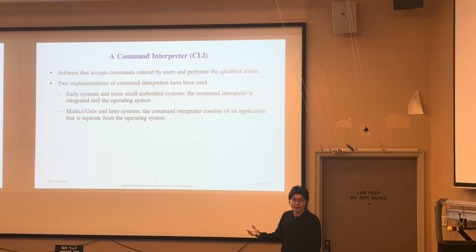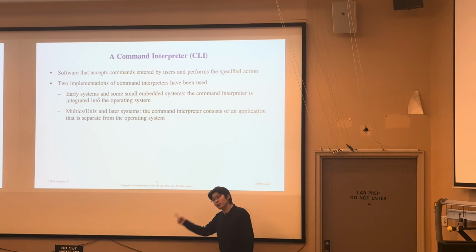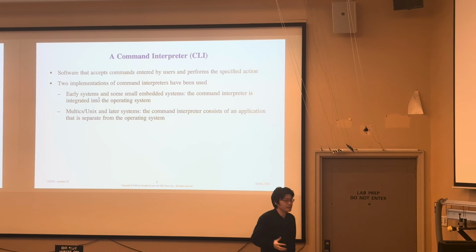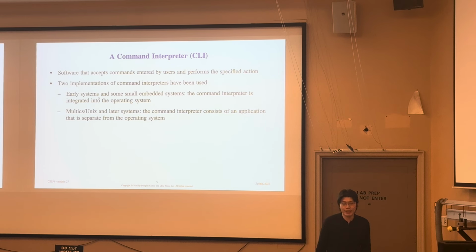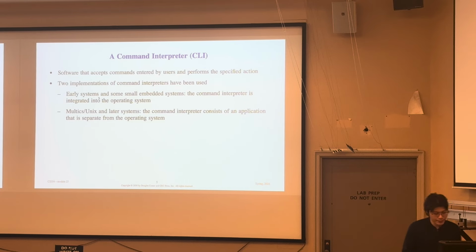After it finishes executing, it will give the user feedback, the results, and then wait for the user to input the next command. And that is a command line interface: a big loop just waiting for the user to give it commands. Okay?